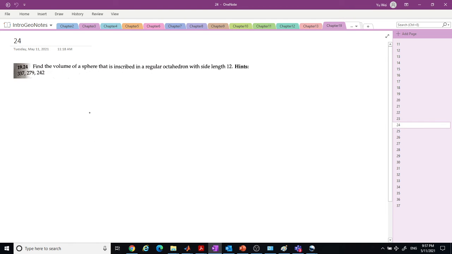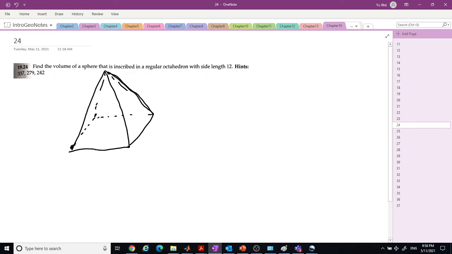Find the volume of the sphere that is inscribed in a regular octahedron with a side length of 12. So the octahedron is this. It has a square base, and each of the faces sticking out is an equilateral triangle.